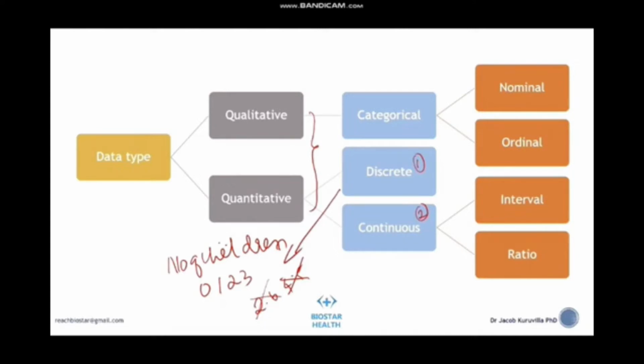Then the quantitative data is subdivided again into continuous data, where it can take on any real value like height, weight, age, temperature, etc. Continuous variables theoretically can assume an infinite number of values between any two fixed points.